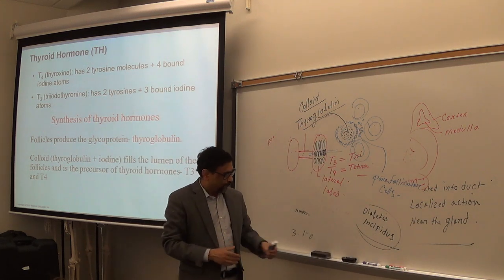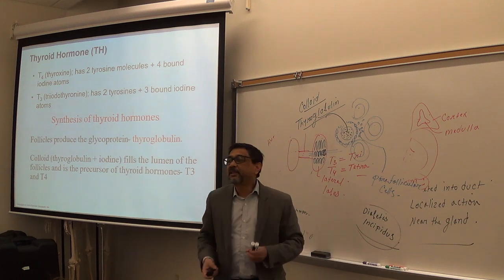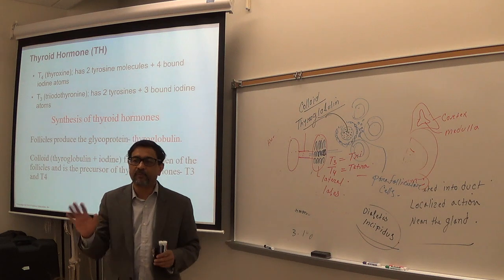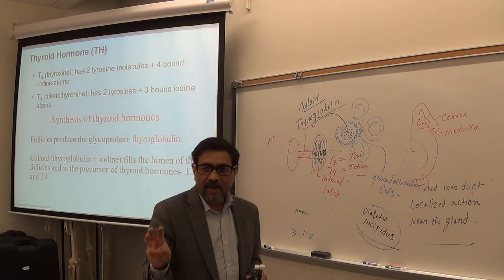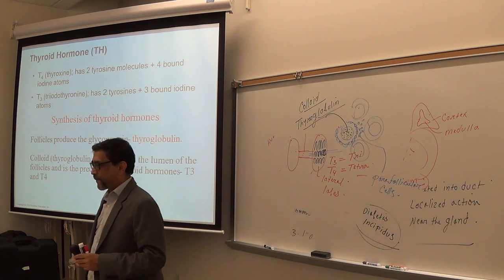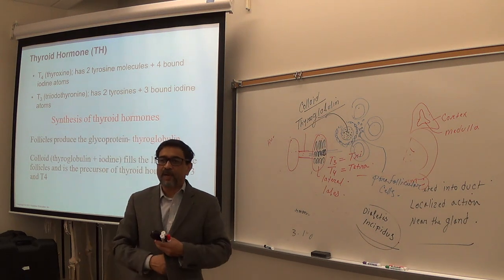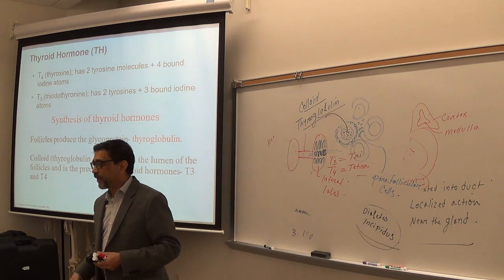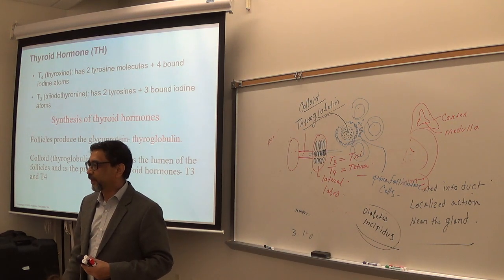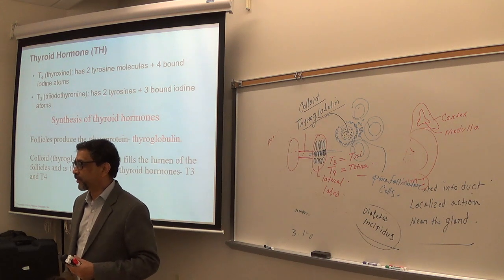Now, T3 and T4. Just know that T3 and T4, these two hormones, are responsible for metabolism. You know, thyroid hormone is very much related to metabolic activities of the body. Okay, so thyroid gland controls the metabolism.